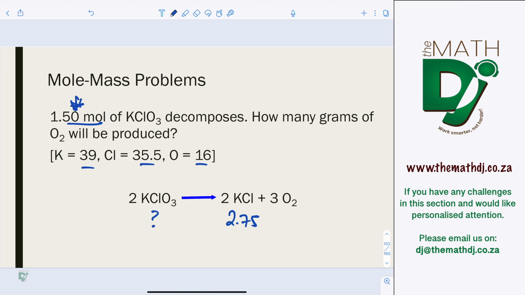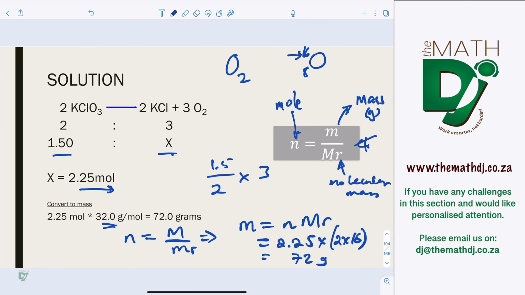Remember, as you can see, this one, since it's 2, it means it's 1:1. So for us to produce 2.75 moles, we will need 2.75 moles in this case. That's how you do it.